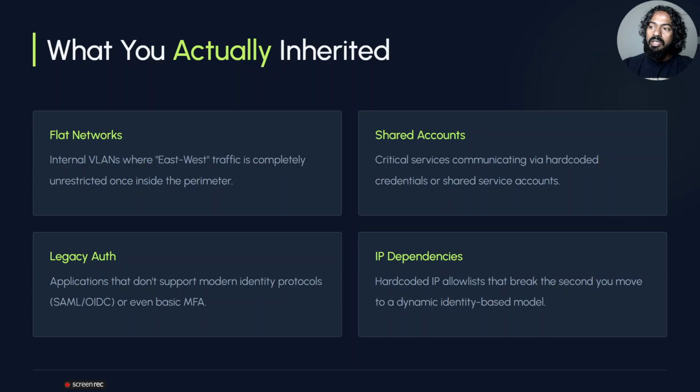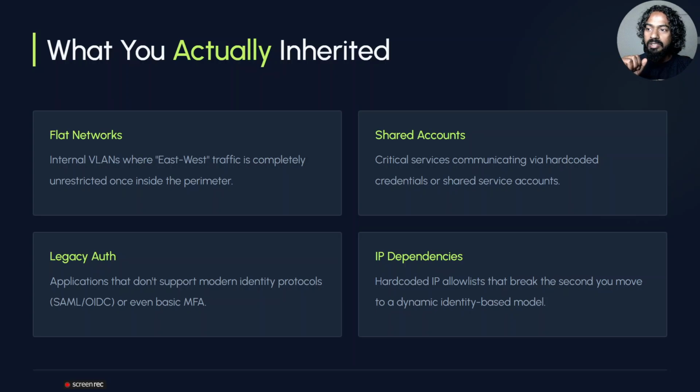So here's the real inheritance: flat internal networks, shared service accounts, legacy apps with not even authentication, hard coded IP whitelists or allow lists, zero device identities.